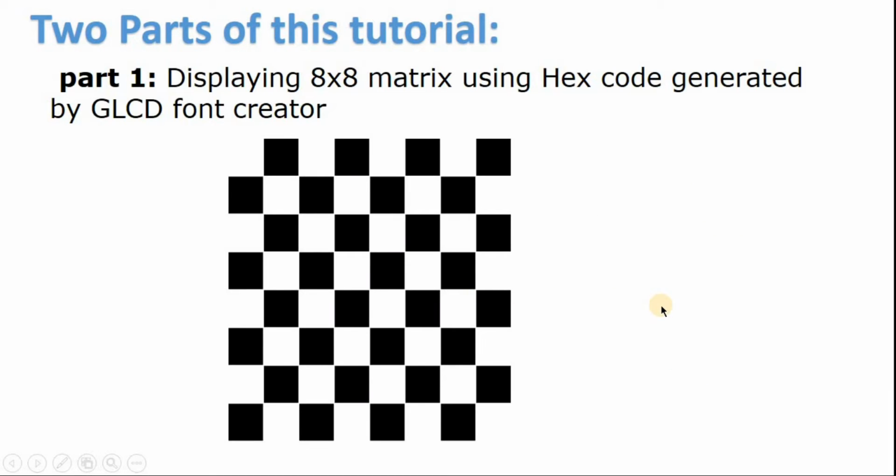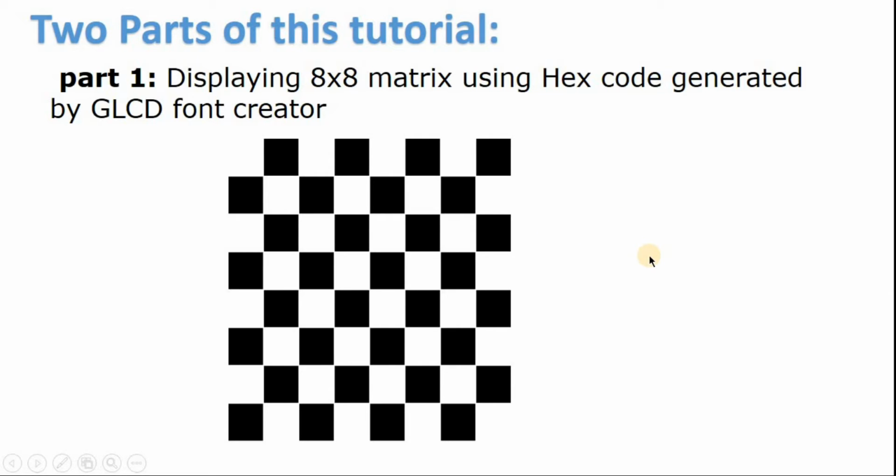This tutorial is divided into two parts. In part 1, we will display an 8 by 8 matrix on OLED. This was already done in the previous tutorial, but we did not use GLCD software for generating hex code for this 8 by 8 matrix.